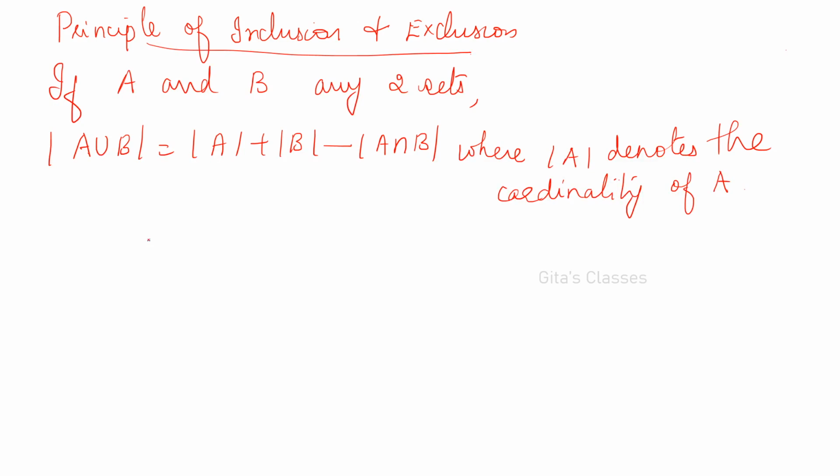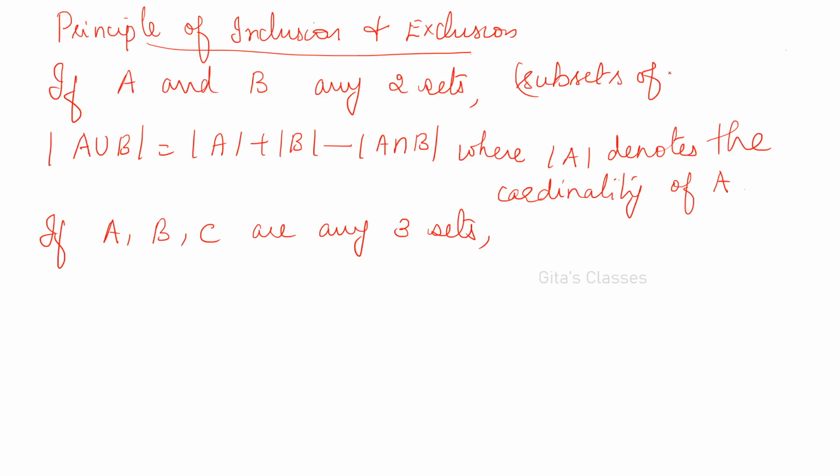So cardinality of A. It can be extended for 3 sets, 4 sets, etc. So it can be extended if you have A, B, C as 3 sets. If you want, you can take them as subsets of some universal set U.